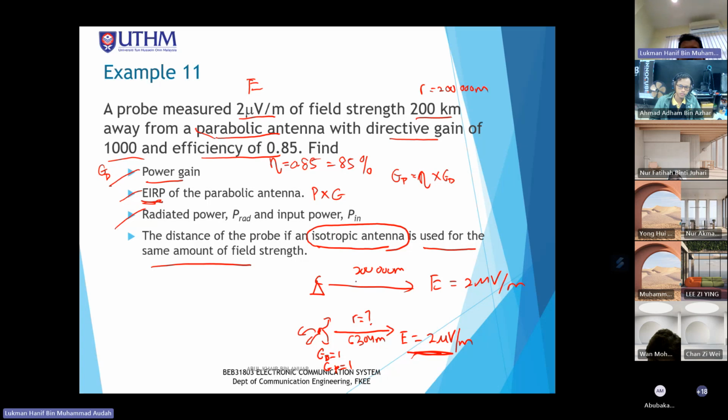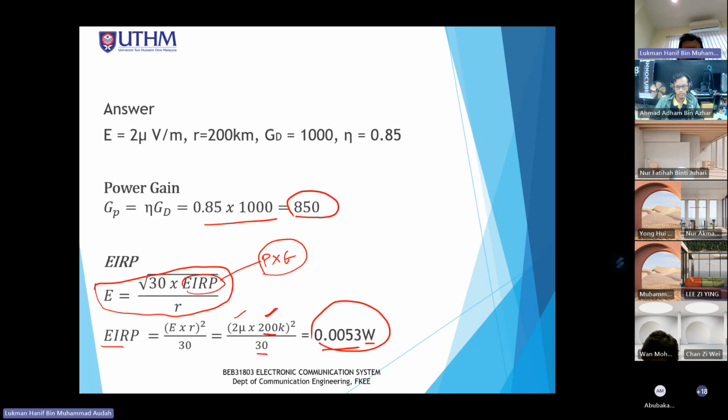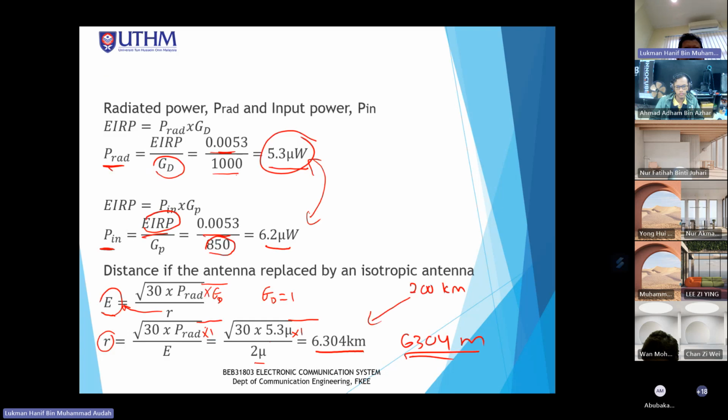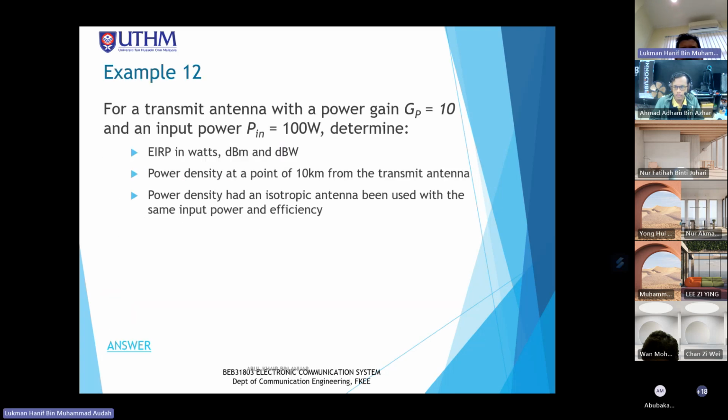But if we measure at 200,000 meter away, the electric field will become much, much smaller compared to 2 microvolt per meter. So I think we should stop at this example, and we're going to continue it next week.